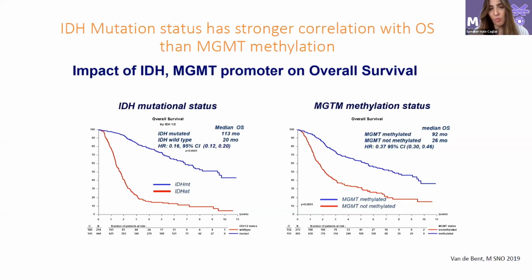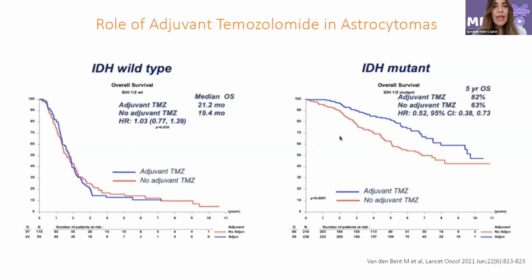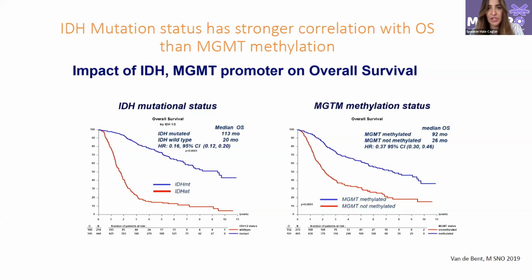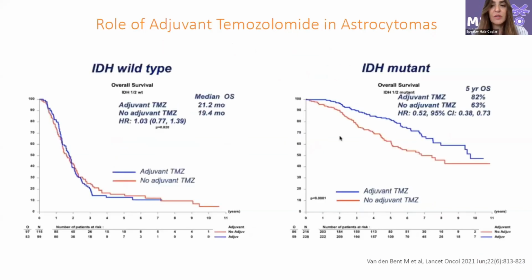What more we have learned is that the patients who had IDH mutation also had the MGMT methylation as well. And additionally, that was the addition of adjuvant temozolomide. And what we have learned is the patients who were IDH wild type did not benefit from the addition of adjuvant temozolomide.